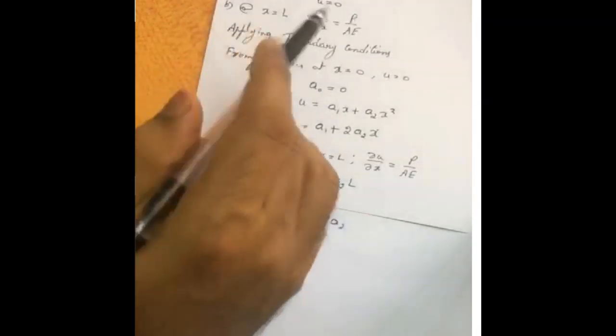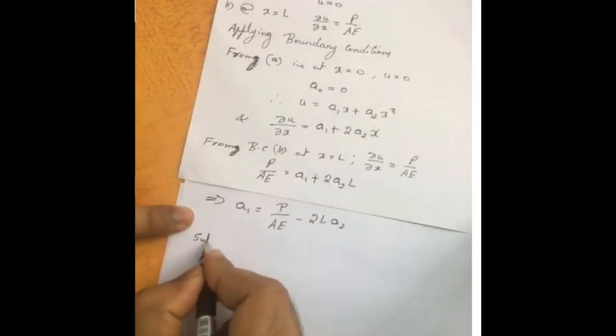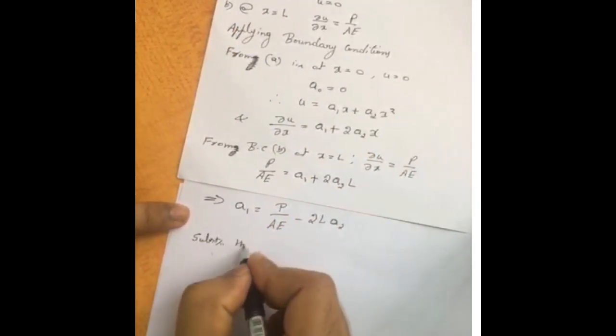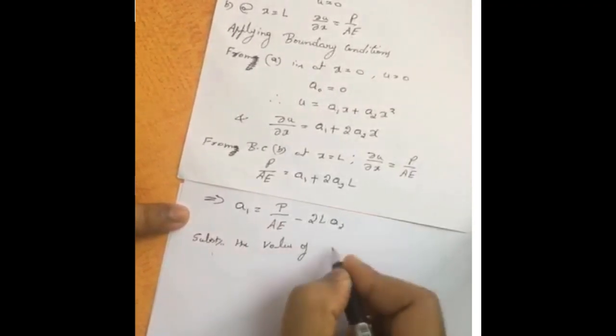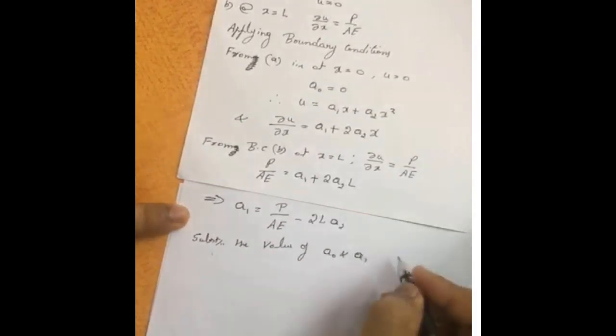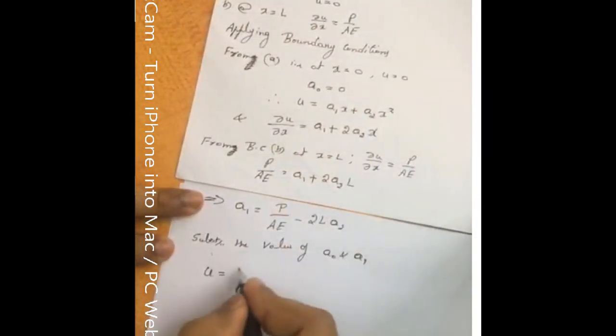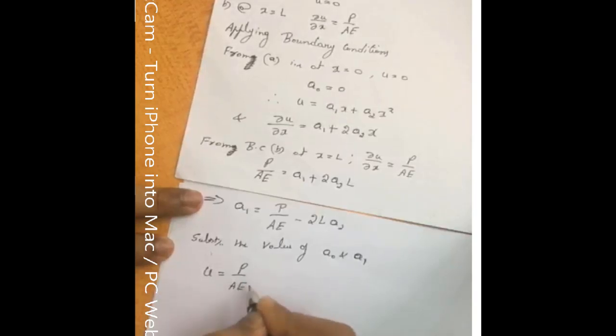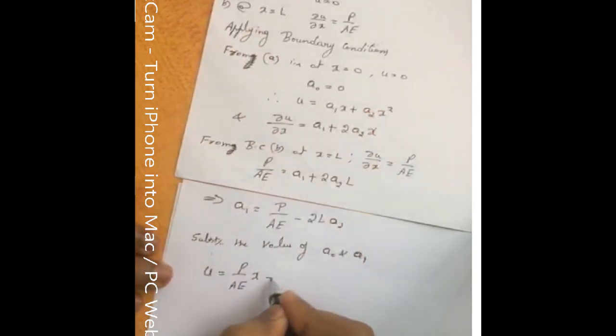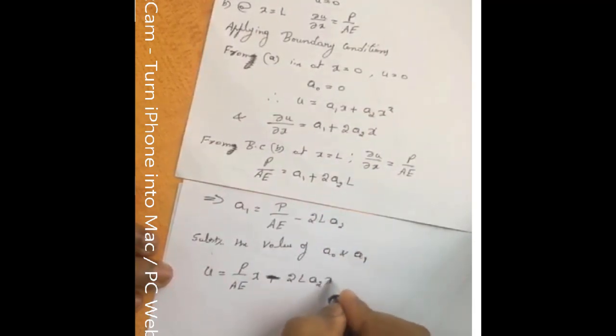Now, having a naught and a1, substituting in the displacement function, we get u is equal to, a naught is 0, so P by AE into x, in place of a1 substitute this, so minus 2L a2 x plus a2 x square.